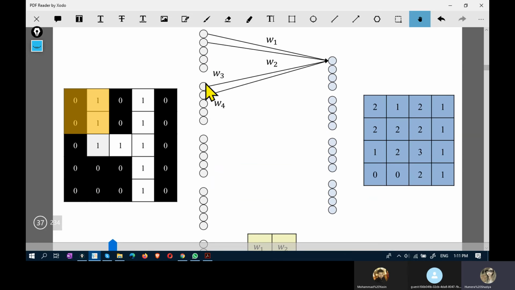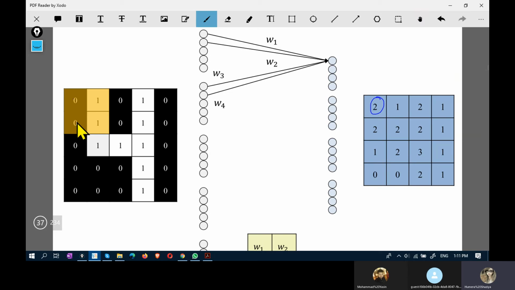Weights are shared. How weights are shared? When the filter is like this, this is computed from this one and this one, this one and this one, this one, this one, this one, this one. And here you have weights for this and this and this and this, 4 weights. Then you get this value.